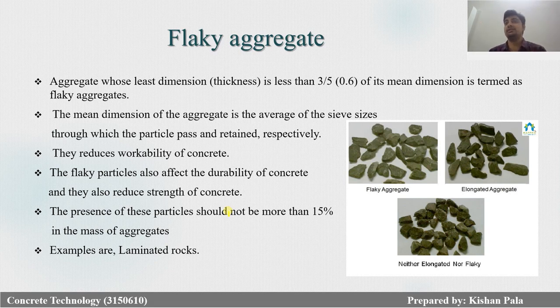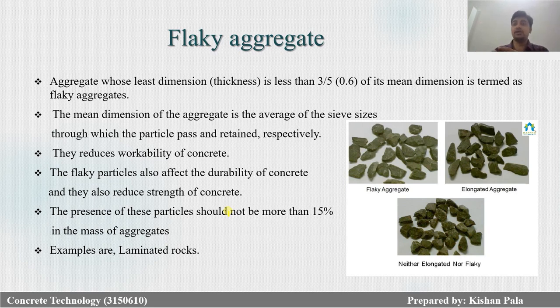Remember one thing, it also affects the durability of the concrete, and they also reduce the strength of the concrete. It means if you use more than a certain percentage of the aggregate, it will affect the fresh property, hardened property, and durability of the concrete.